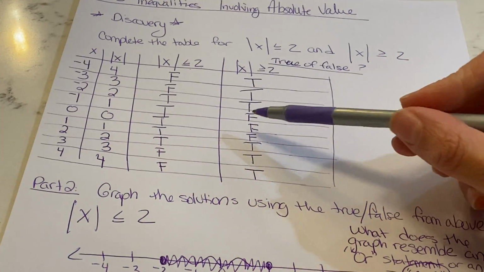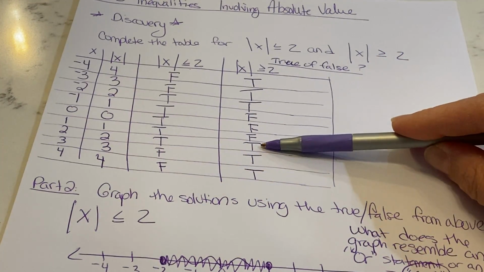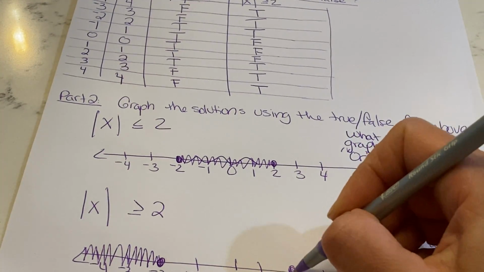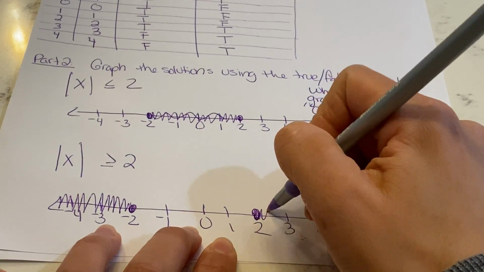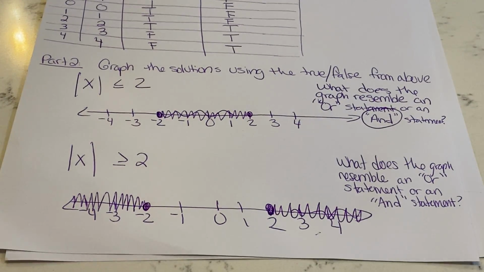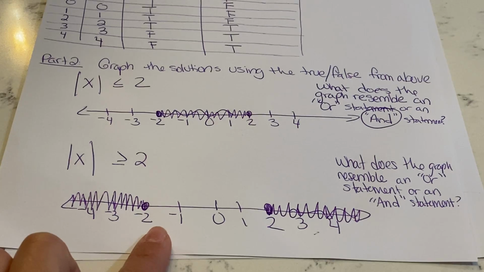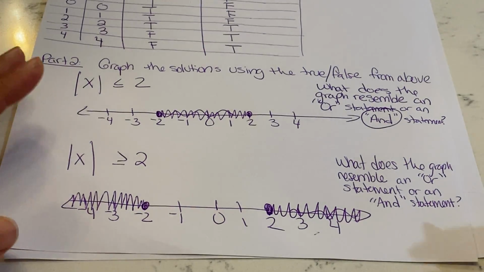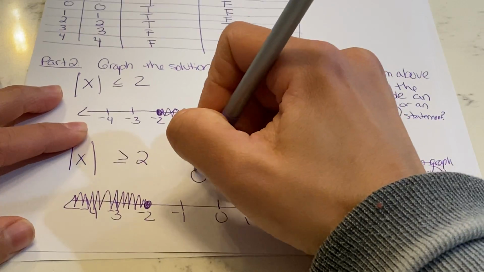Where does it start for true? It starts at +2 and is true for 3 and 4. So look at the graph. What statement does a greater represent? An or statement.